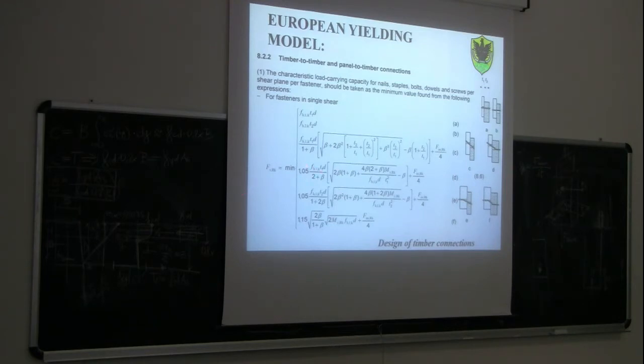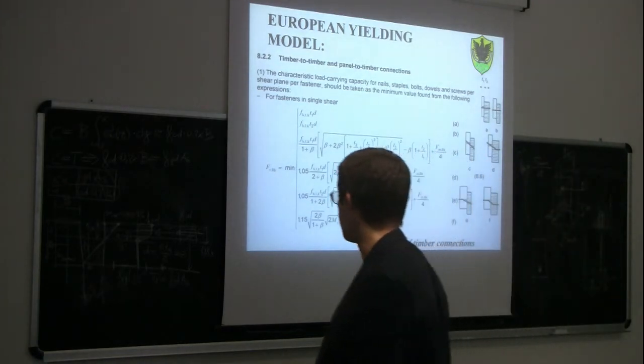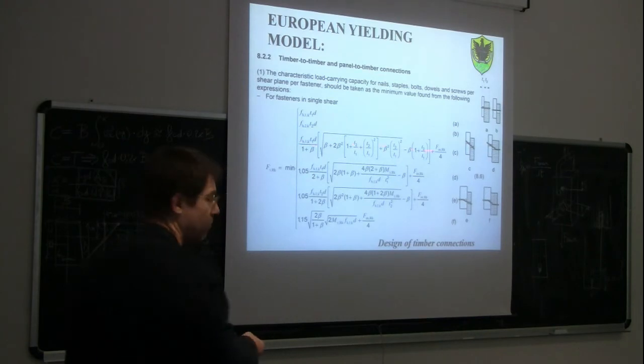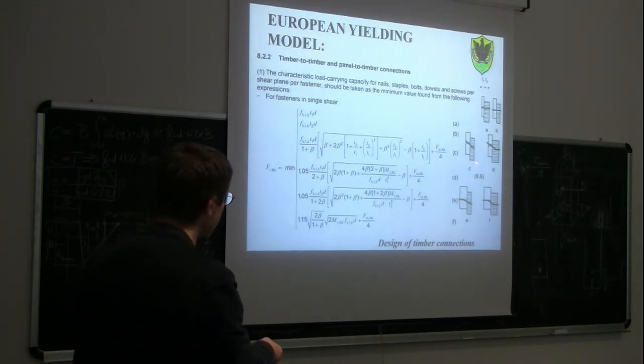So we have 6 values, we take the minimum one. The minimum one will basically be the strength of the connection, and we will also know what kind of failure will occur. For example, if the minimum value is the third one, we will know that this will be the actual failure mechanism.